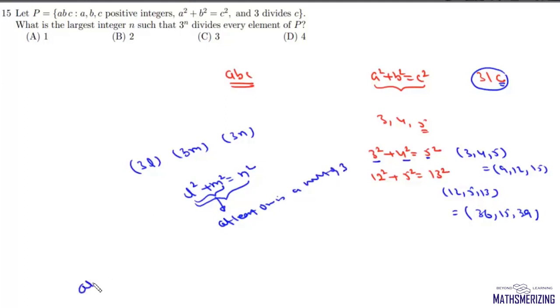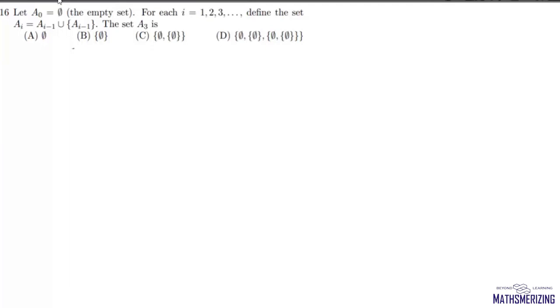So if we multiply ABC, we write 3 cube into LMN, and out of L and M, at least one of them is a multiple of 3. So this product ABC will have 3 to the power 4 and then some number k. So the largest integer n such that 3 to the power n divides every element of P is 4, and that's your option D.